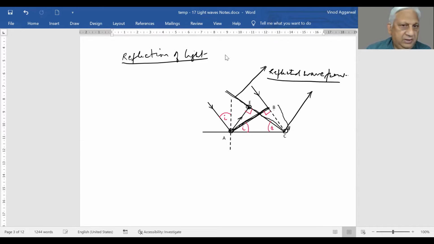And we can clearly see that triangle EAC is congruent to triangle BAC, which is EAC, this one, and BAC is BAC.